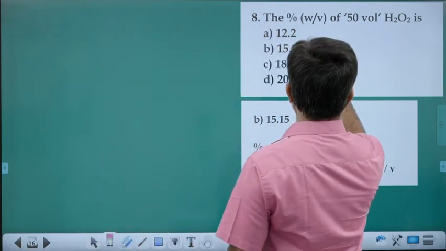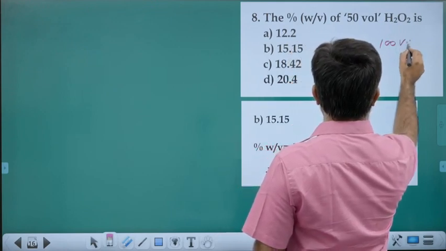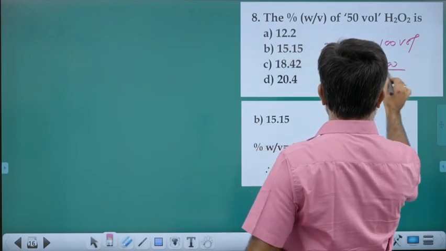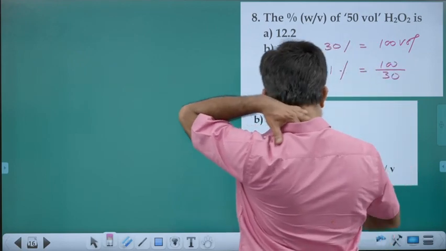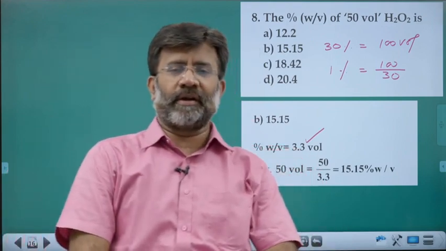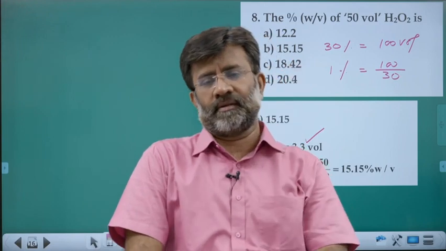Just now I told you 30% is equal to 100 volume, therefore 1% will be 100 by 30, that is 3.3 volume.